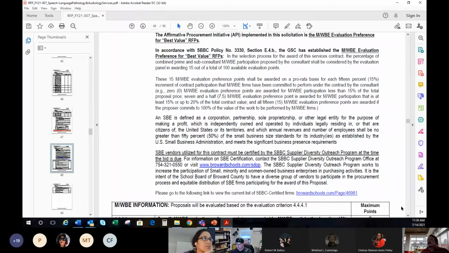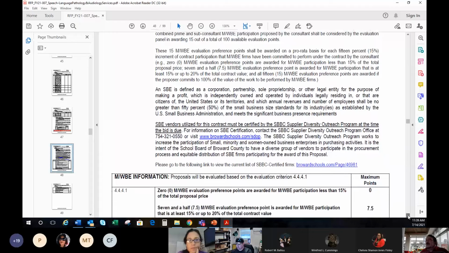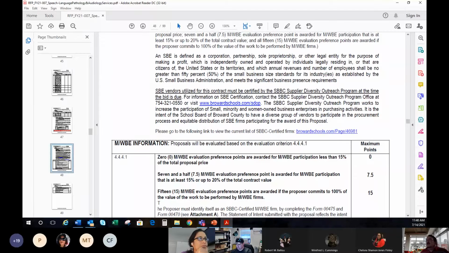But based on this best value RFPs, if you go down farther, it does provide you with the website for SDOP. So that's important if you want to go and just review the website, and it provides you a lot of information there in order to establish your firm as a SMWBE vendor.